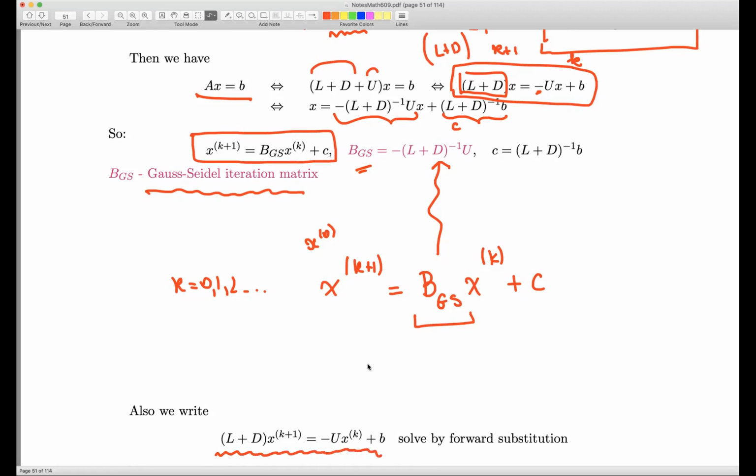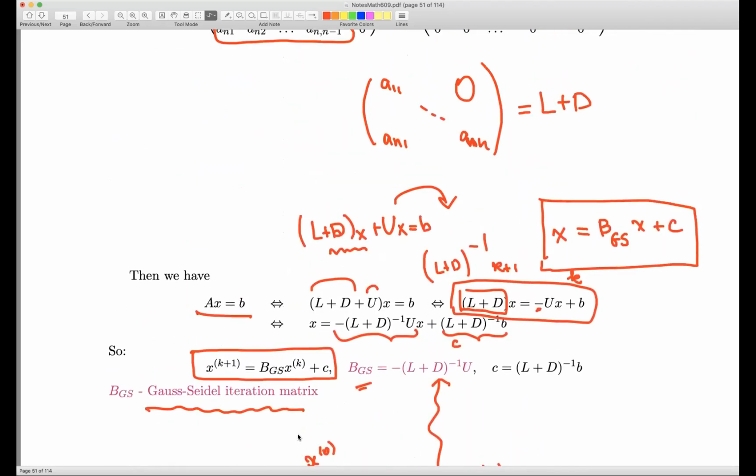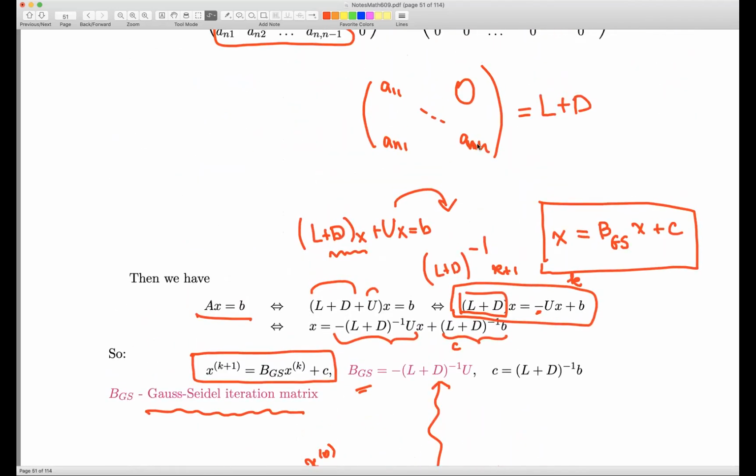And once you have in your hand x^k, which is the approximation at step k, then you write down this system. And remember that we discussed that the matrix L plus D is actually a lower triangular matrix.